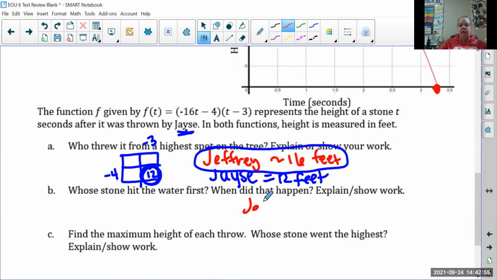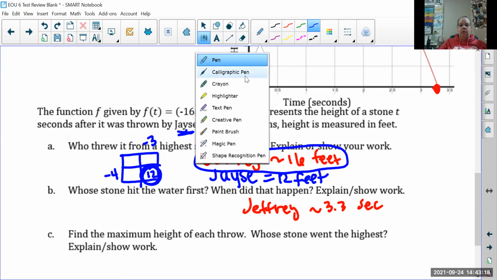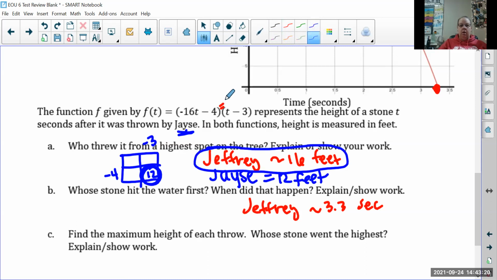So Jeffrey is about 3.3 seconds, somewhere in that range. Now for Jace's, again, we only have the function, so we need to find the x-intercepts. Remember, to find the x-intercepts from the factored form, we set each factor equal to 0. So I'm going to set this equal to 0 and solve, and this equal to 0 and solve.